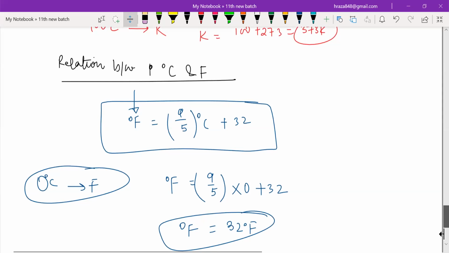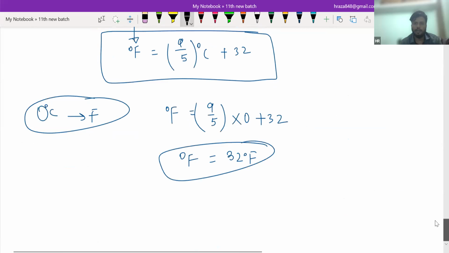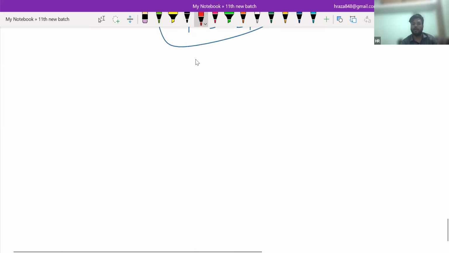Okay, I'm going to give you questions regarding this. I haven't written any direct relationship between Kelvin and degree Fahrenheit. If you have Kelvin and have to change it into Fahrenheit, you just need to convert Kelvin into degree centigrade, and then convert it into Fahrenheit. Are you getting my point?